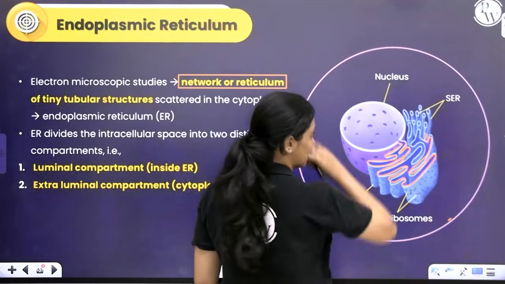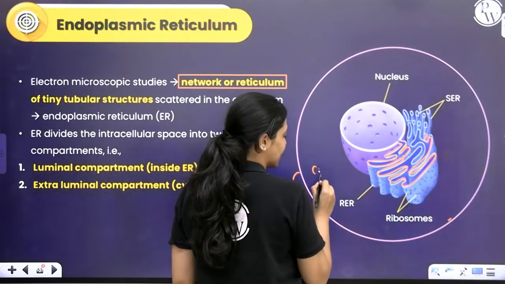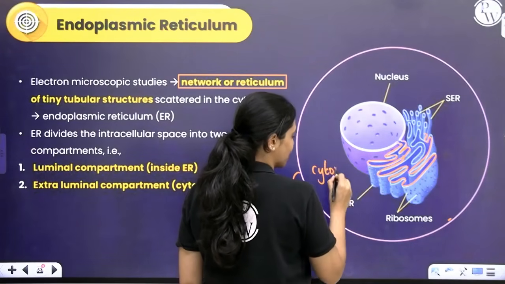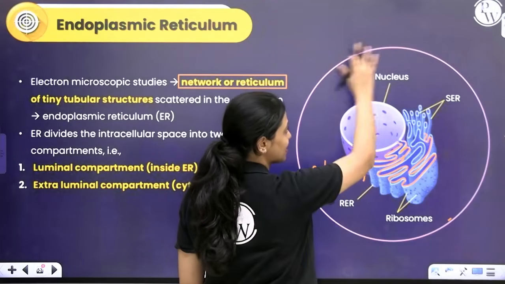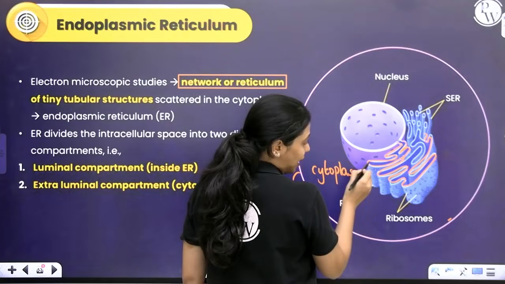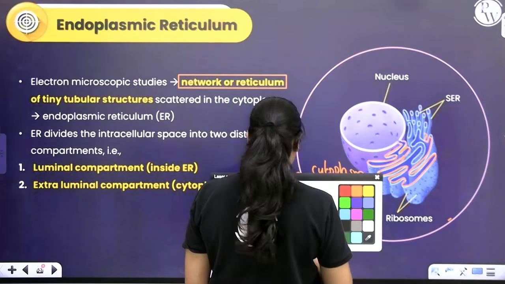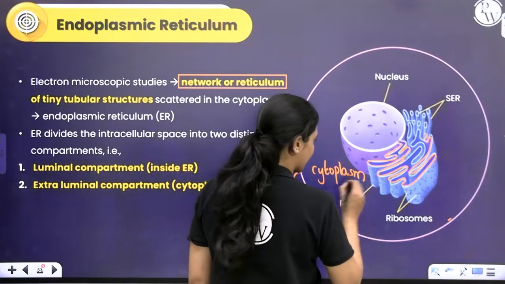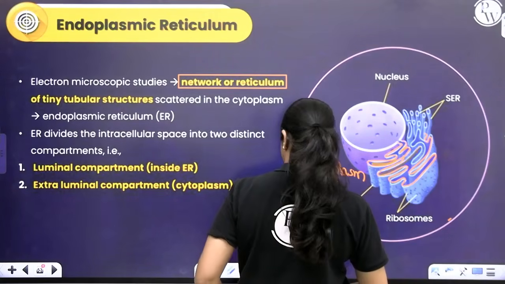If you think of this as a cell, this is the cell membrane. And inside the cell membrane, you have the cytoplasm. The presence of this endoplasmic reticulum divides the cytoplasm into 2 compartments. As you can see, inside the endoplasmic reticulum, there is space, right? Here, all this is space. Let me use a different color.